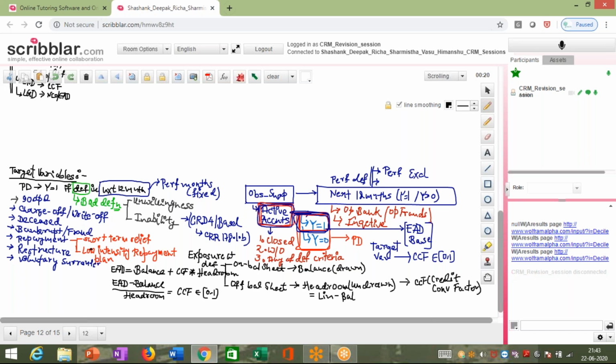So if I try to interpret this concept of CCF in a different manner, what is the CCF?